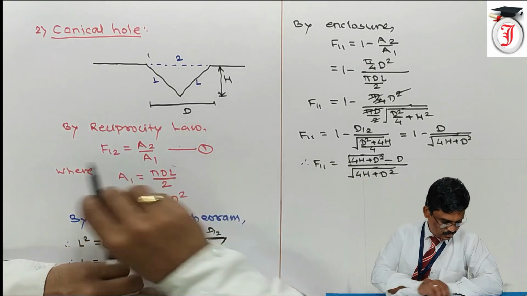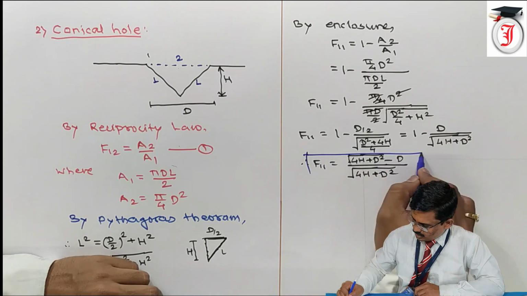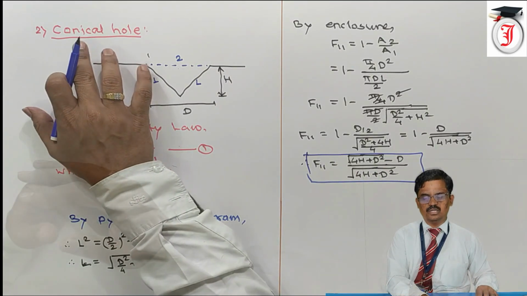So this is the shape factor of 1 with respect to itself for the conical hole.